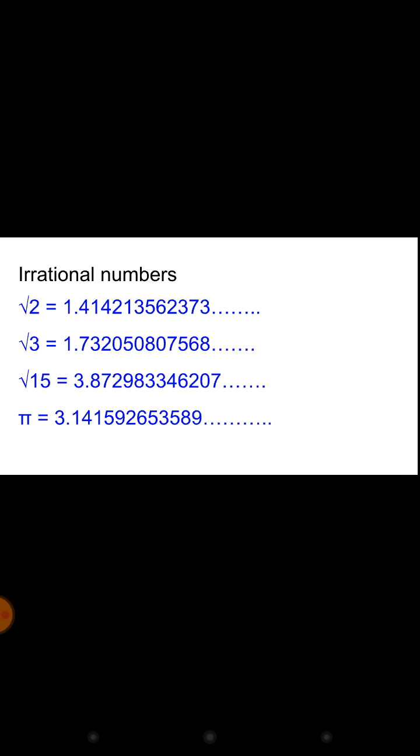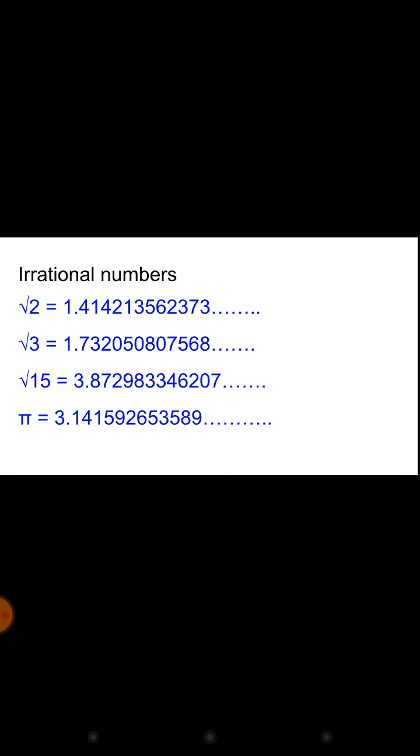Students, when we find the square root of 2, we get a non-terminating and non-repeating decimal. Here you can see the value of square root 2 is 1.41421356237 and so on. Similarly root 3, root 15 and pi also.